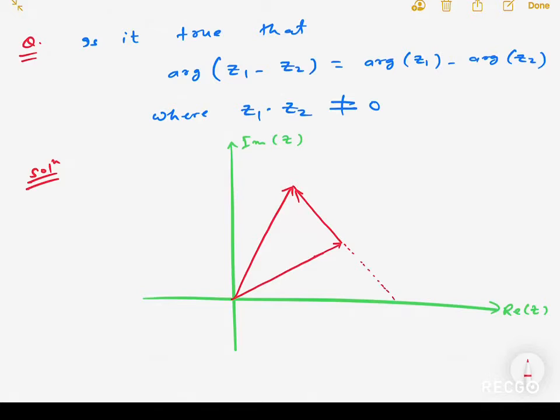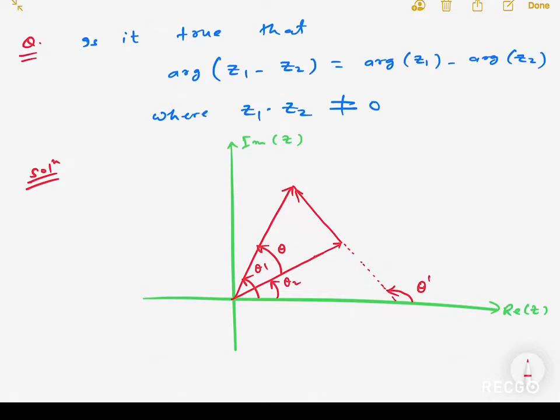If you complete this and extend this vector backward, let's say this angle is theta 1, this angle is theta 2, and the angle between the vectors is theta. And let us say this difference vector makes an angle theta dash with the real axis.